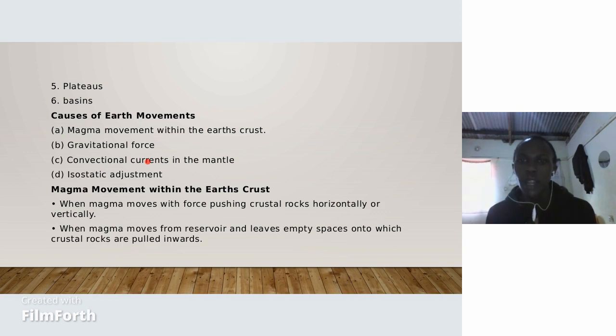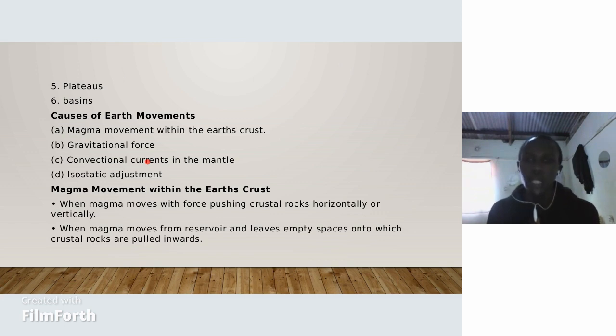This is seen in the formation of a crack because when one side is pushed towards the right hand and the other one is pushed towards the left, at the center we will remain with a crack, isn't it?